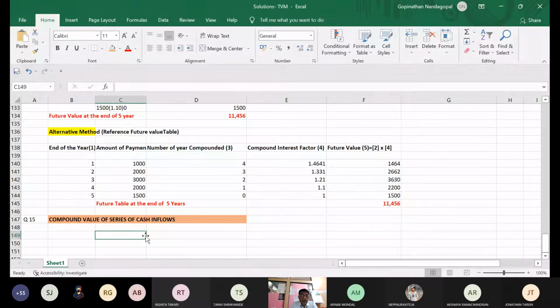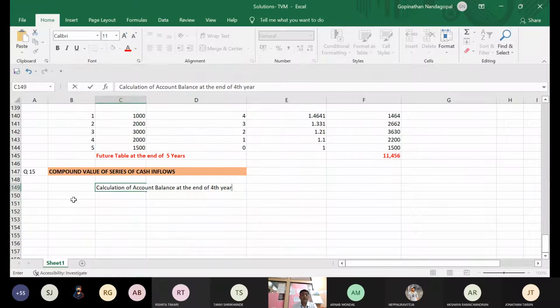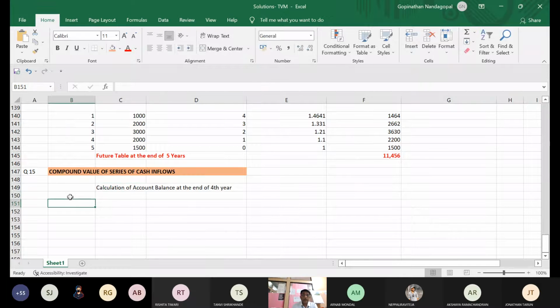So what do you have to calculate here? Calculation of account balance at the end of fourth year. Okay, here we open columns like year, which you can call as 1.